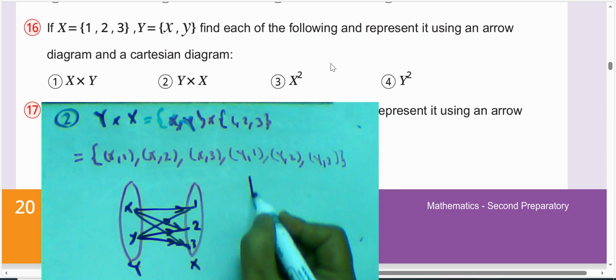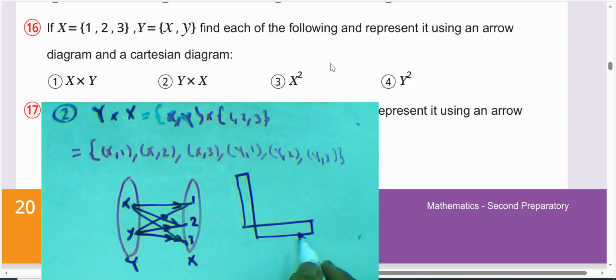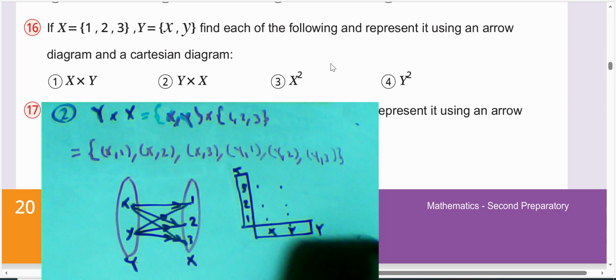We can draw a Cartesian diagram like this. We have first and second. The first is y, and second is x. Y was x and y, and x 1, 2, 3. Understood?